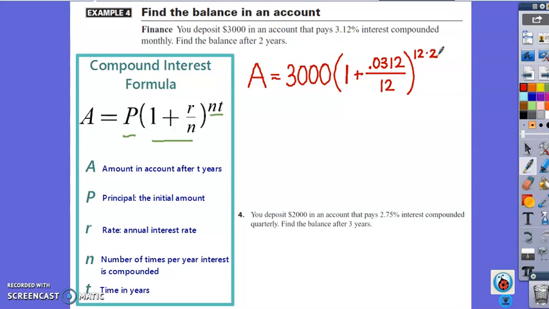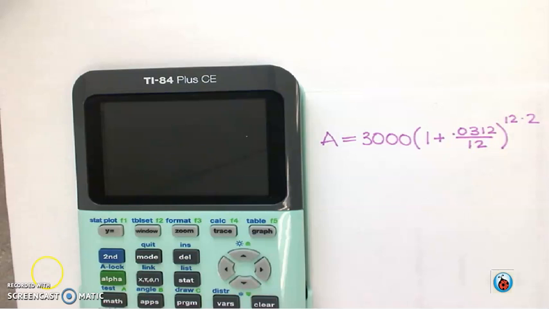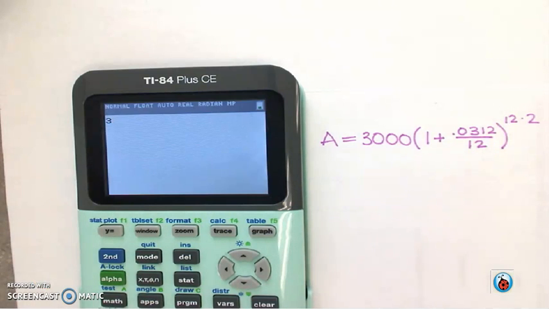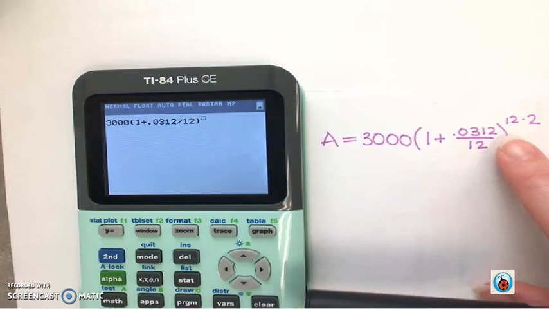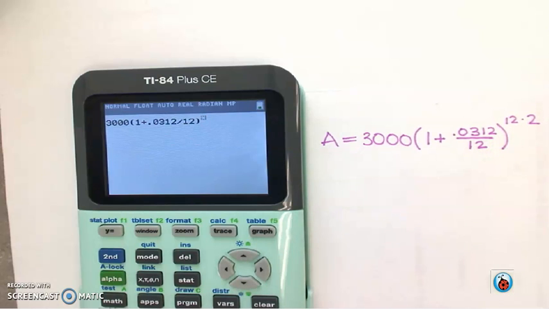Now maybe the only part that's going to mess you up is trying to type that in, so I'm just going to quick show you how that would work. You can mostly just type all of this in at the same time. I have one word of caution, and that's the exponent. Depending on your calculator, you have to be careful. So what I usually do is I usually multiply that in my head. 12 times 2 is 24. So I just put the exponent as a 24.